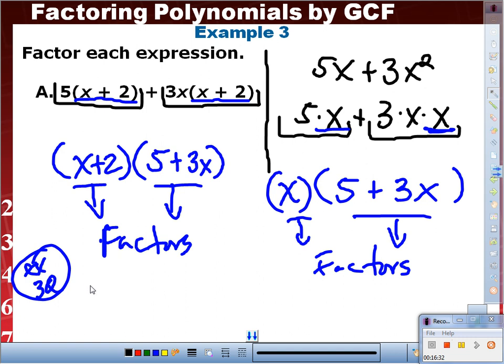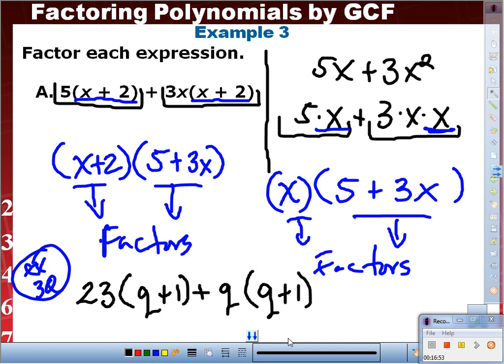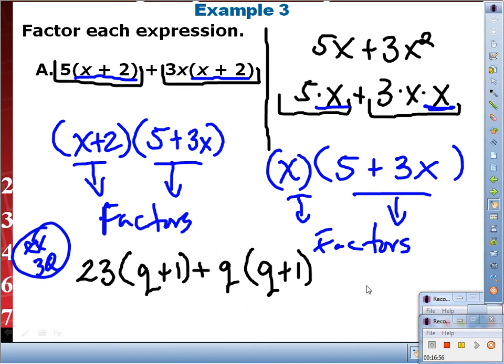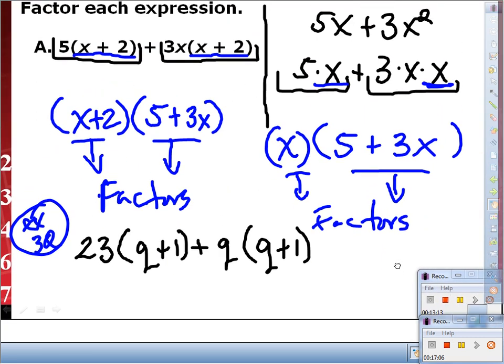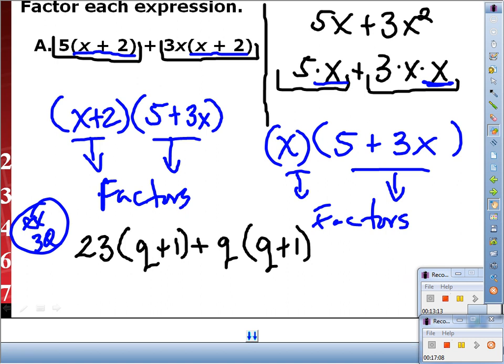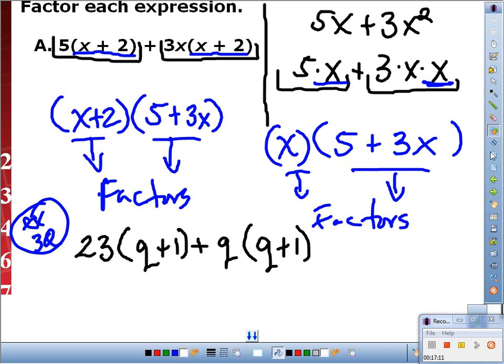Let's do 23 parentheses Q plus 1 close parentheses plus Q open parentheses Q plus 1. Should be just about done.